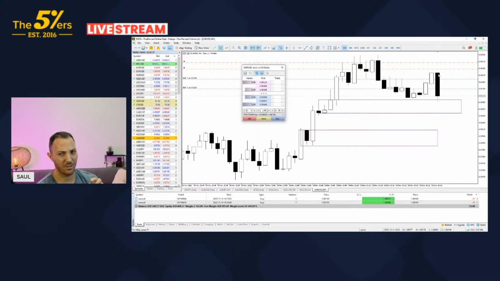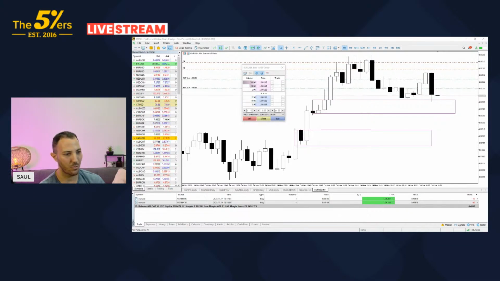Now it seems like there's something creating this candle. This is a strange candle. I don't know if there's news or something. That's an unusual candle. So I just want to make sure.